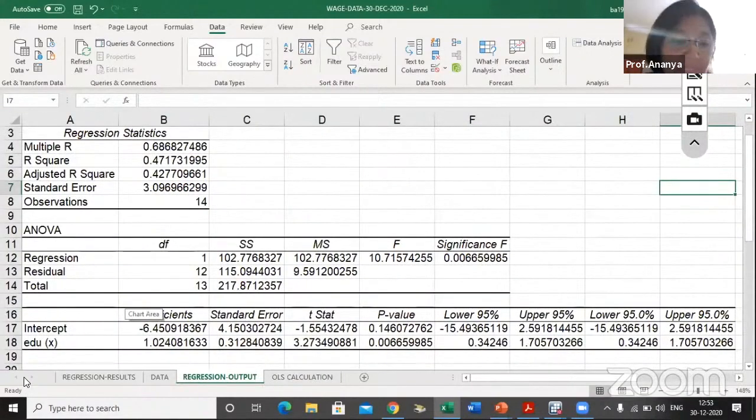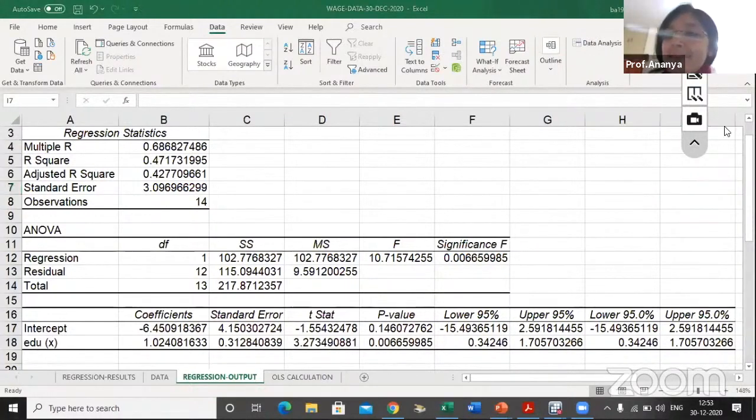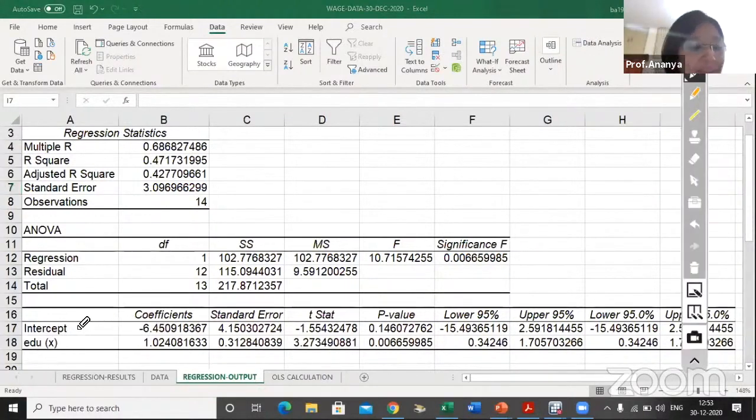So I ran a regression in Excel, and here are the slope and the intercept. Why am I showing this? I'm showing you this just to show how these coefficients are obtained using the formula that I just discussed. As you can see, the intercept alpha is equal to -6.4 and beta is 1.02. Make a note of this.